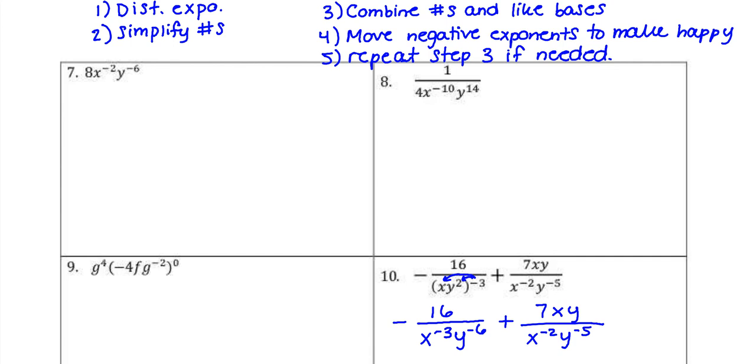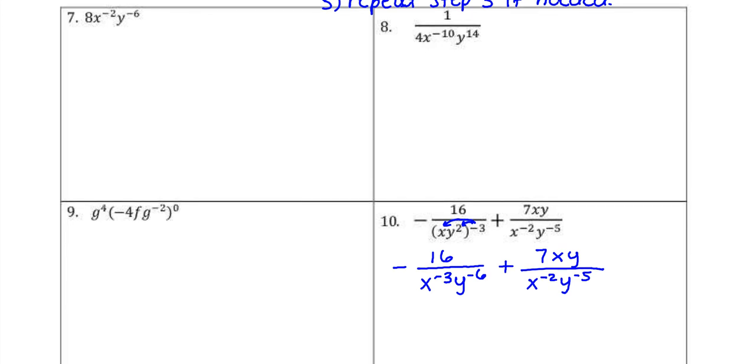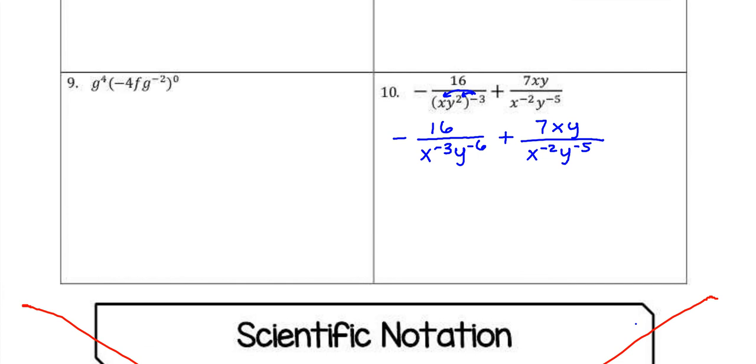Now it asks me to combine any numbers or like bases. I can't combine my numbers yet, guys, because we are adding fractions here. Our denominators have to be the same. Hopefully that rings a bell. So I actually can skip number 3 as well for this problem. For number 4, move negative exponents to make them happy. So I'm putting my boxes so they stand out to me.